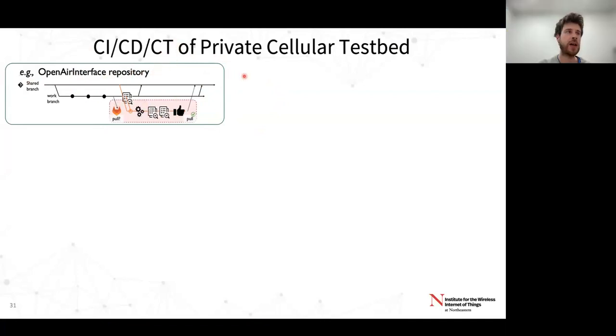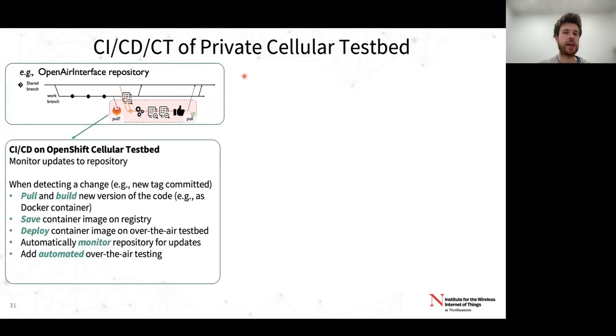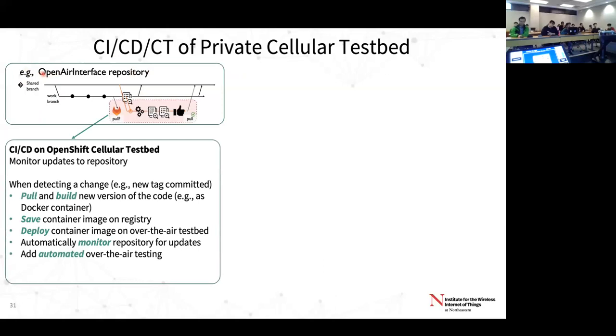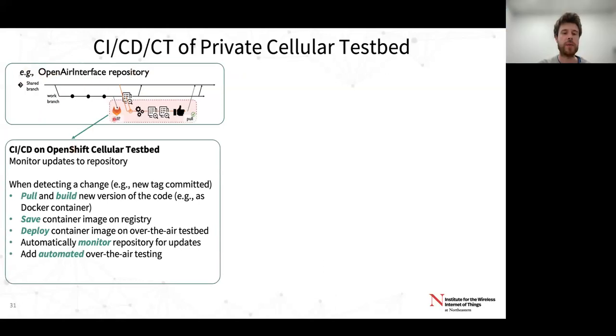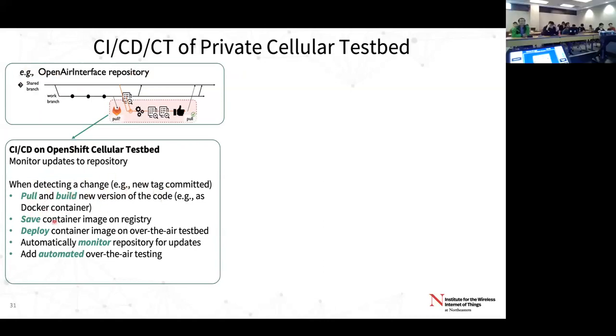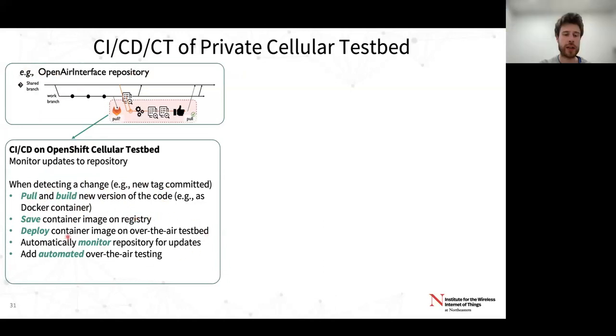The idea is that the team working on this periodically, like every week, releases a new tag of their software. When there is a new tag, we want to pull the latest version of the code, build it in the form of a Docker container, save the container on our registry, deploy the container on the infrastructure that I showed you, and then run some automated testing over the air.